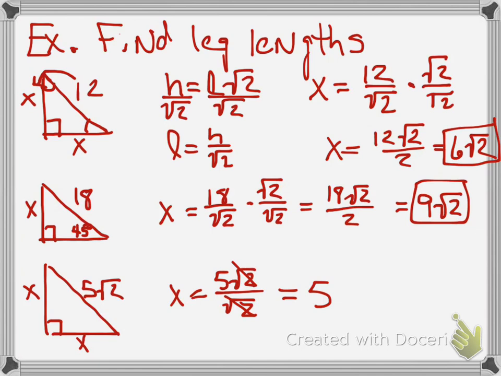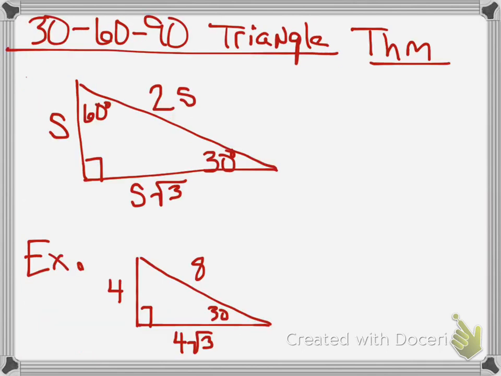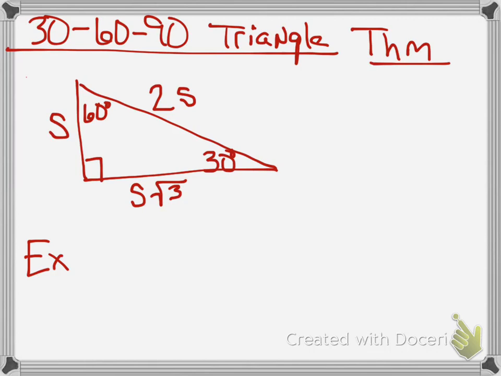All right, now let's look at the 30-60-90. Let me back up a bit. In a 30-60-90 degree triangle, you have a short leg, which we'll call S, the one opposite the 30 degrees.